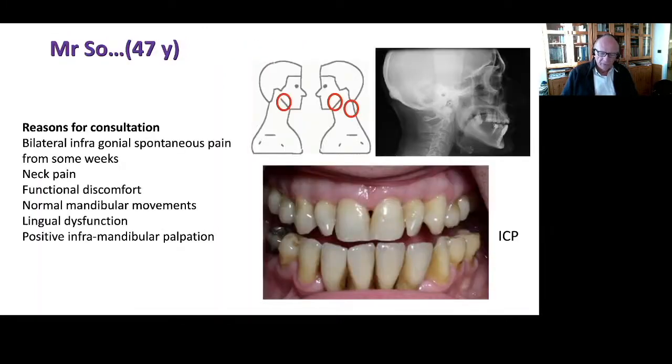You could have obvious occlusal disorders like this, because it is the ICP of the patient. It is not in the open phase. It is in the closing phase. Only contact on the last molar. He had muscular pain and cervical pain. Normal mandibular movement.